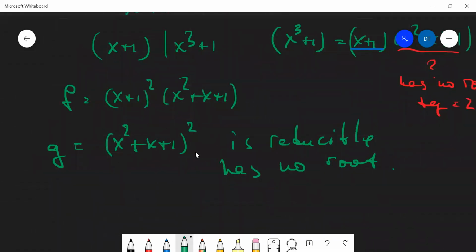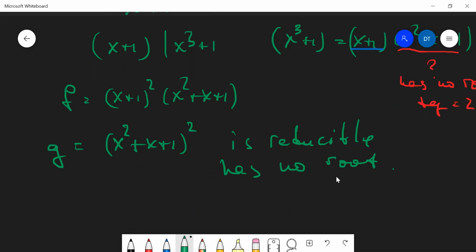You see? It's a product of two irreducible polynomials of degree 2. If you substitute 0 or 1, the result will be 1. But it's clearly a product of two square polynomials, and g is a polynomial of degree 4.